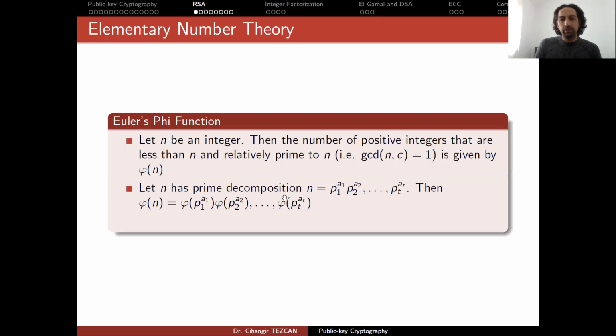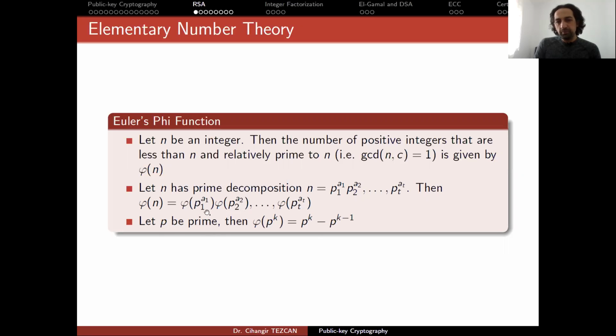Let n have the prime decomposition as follows, where these p_i's are prime numbers. You can write any integer in this form as a multiplication of some prime numbers and some powers of them. This is a prime decomposition. Then phi(n) becomes phi(p1^a1) times phi(p2^a2) and so on.